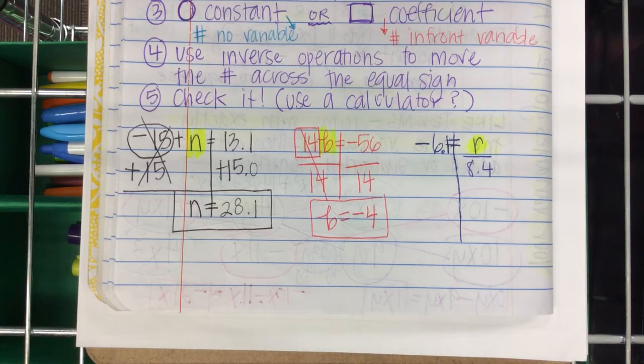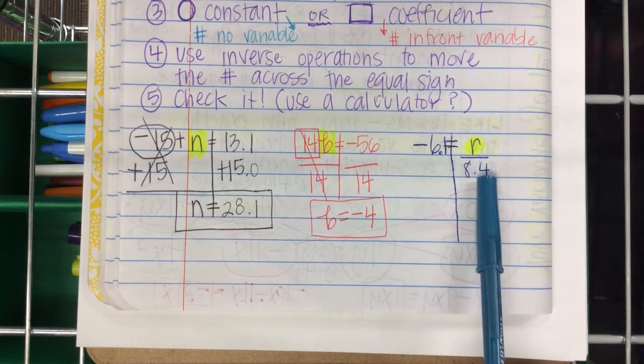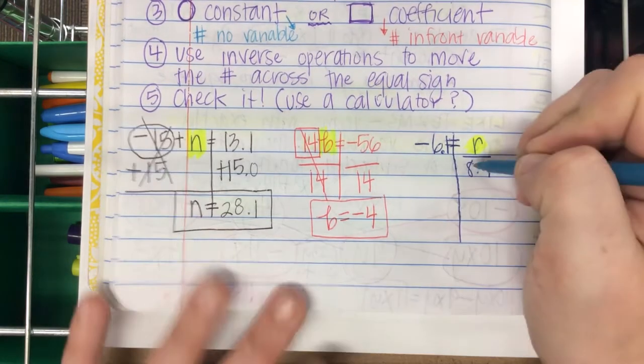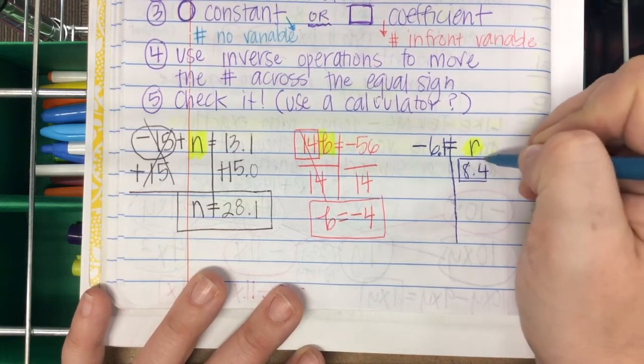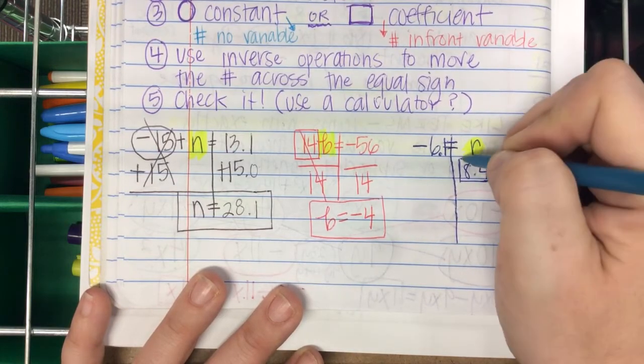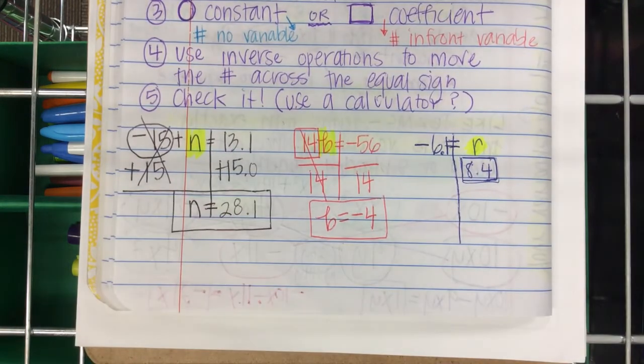Am I going to draw a circle for a constant, or a square for a coefficient? Does it say plus or minus? No. That's called a coefficient. It's touching the letter R.